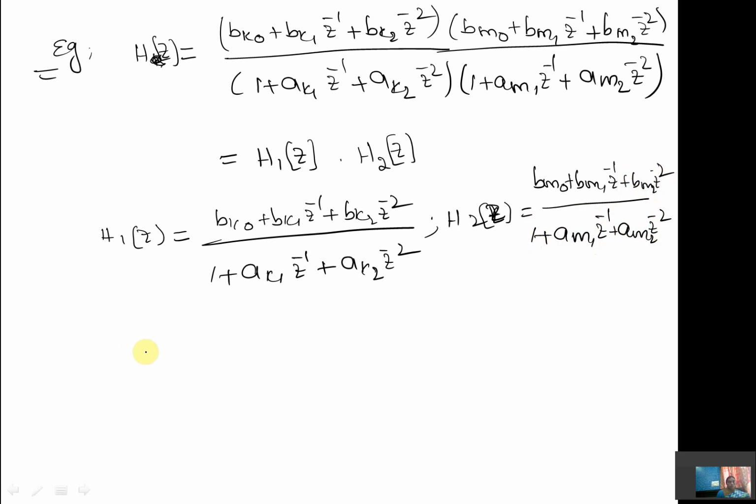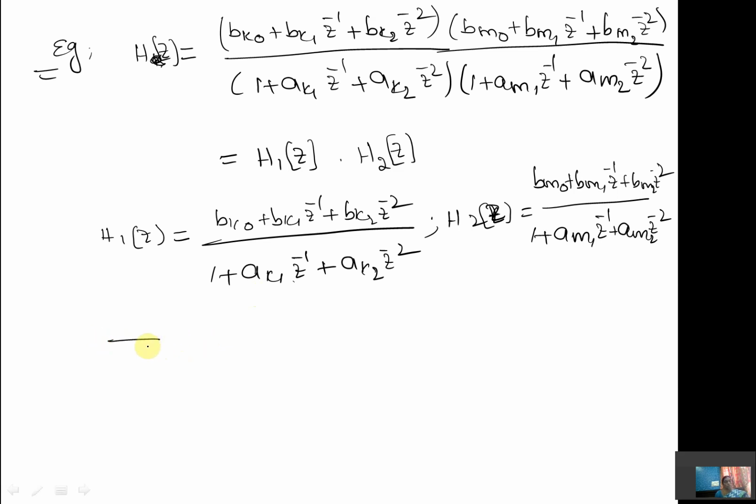Like this. So implement each one with either direct form 1 or direct form 2. Which one is better? Direct form 2. In this case, the number of memory units is less. That's why I am using the direct form 2 structure.